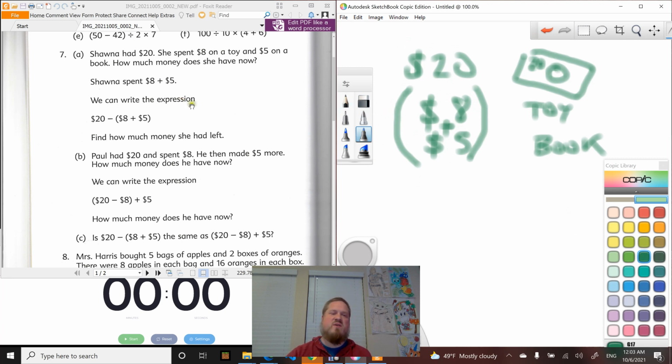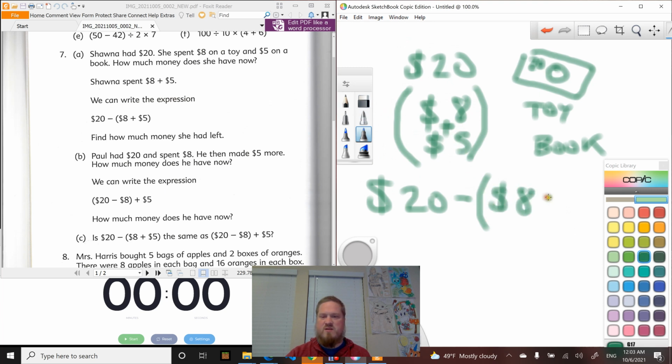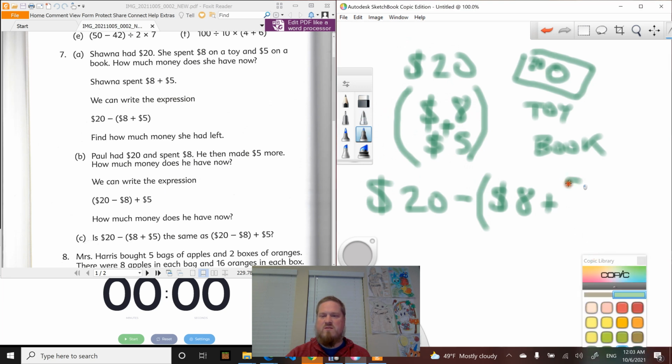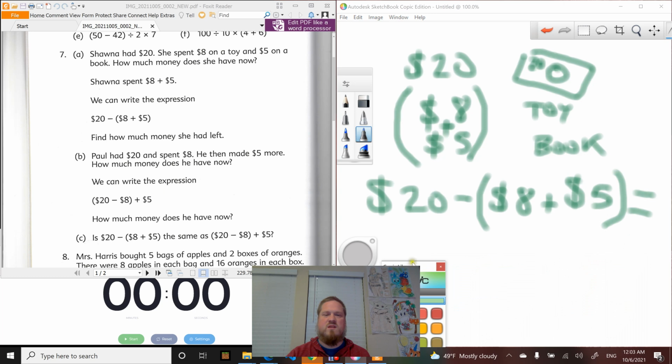So, as it says, we can write the expression $20 minus the $8 that she spent plus the $5 that she spent. It's going to equal something. Based on that, I want you to find out how much money she has left. I'm going to give you 20 seconds to figure it out, since you have to do two math problems here to figure out the answer.